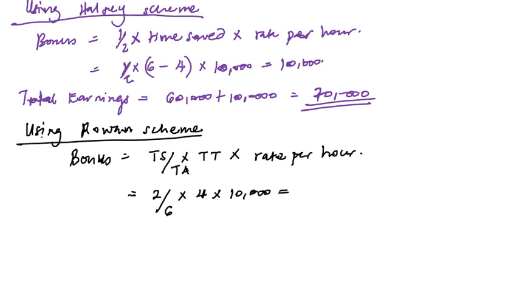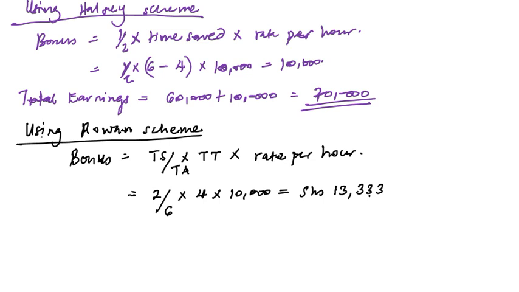This gives us a bonus of how much? This gives us a bonus of 13,333. That is the bonus under the Rowan scheme.